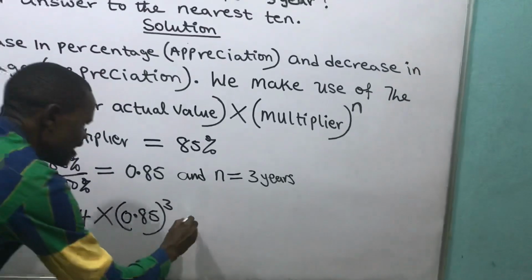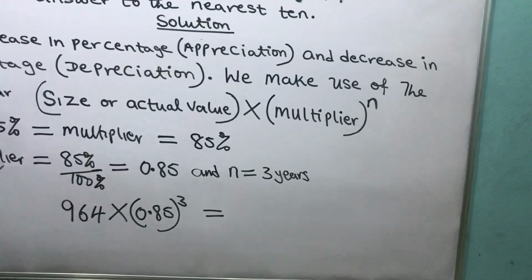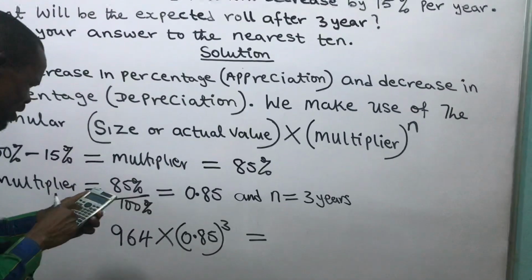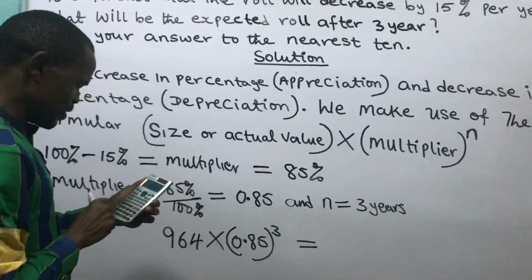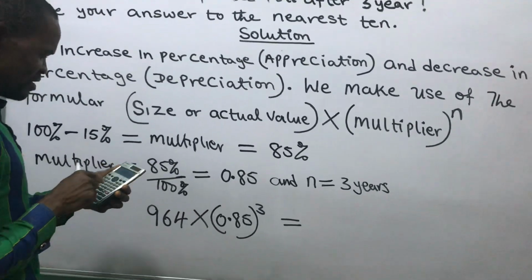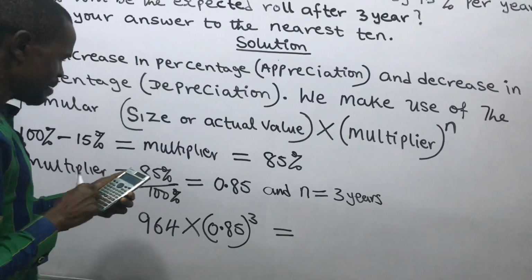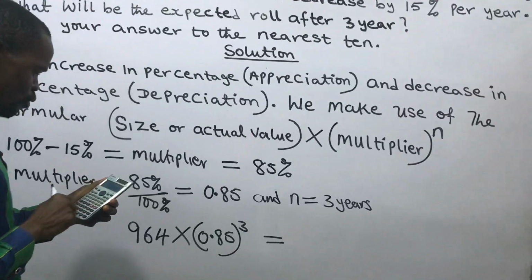With my calculator, I type 0.85 raised to power 3, then multiply by 964.